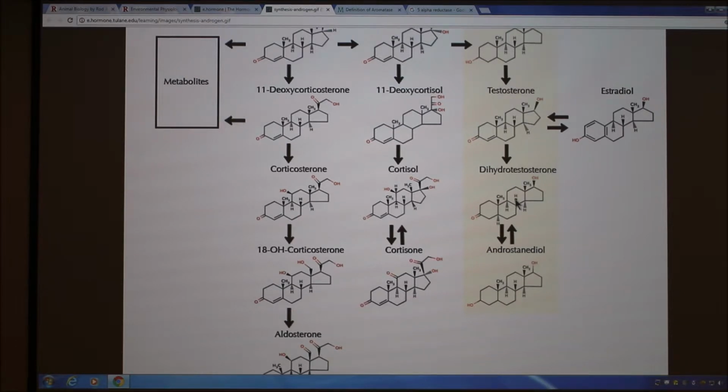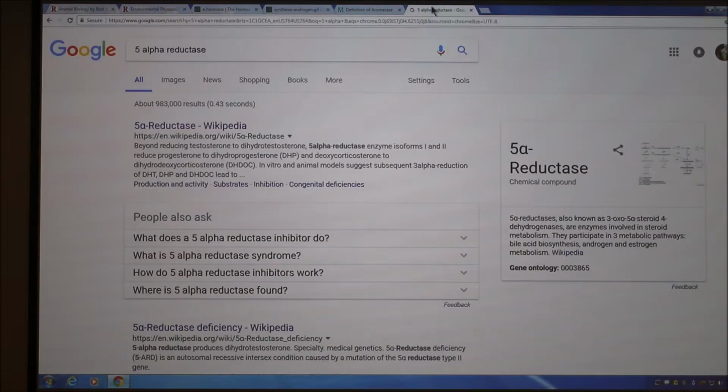Okay? So then, in the prostate, testosterone comes in and is converted to dihydrotestosterone by an enzyme. So now I'm giving you some enzyme names: 5-alpha reductase. 5-alpha reductase takes testosterone and makes dihydrotestosterone. And that's going to happen in the prostate.